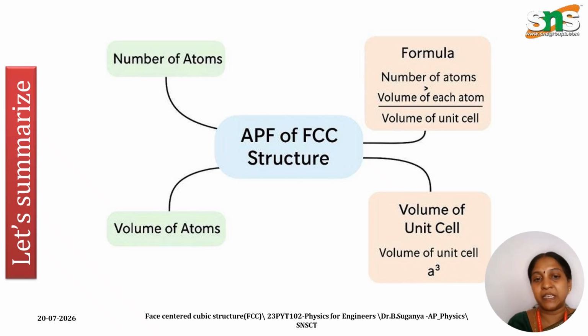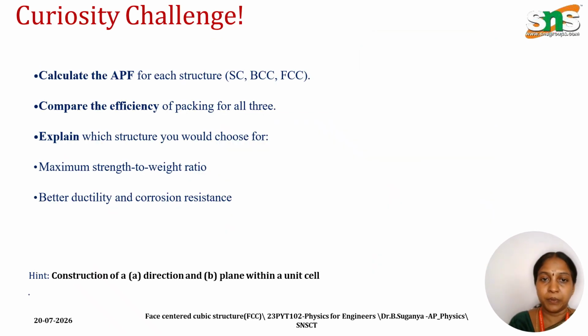The formula for finding atomic packing factor is volume of atoms per volume of the unit cell. The volume of the unit cell is a cubed, because it is a cubic structure.